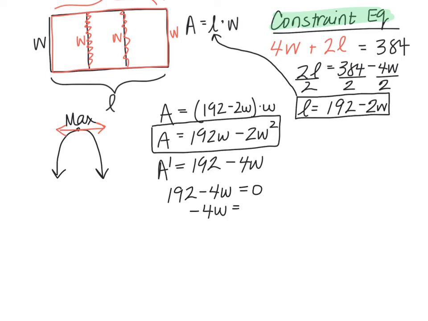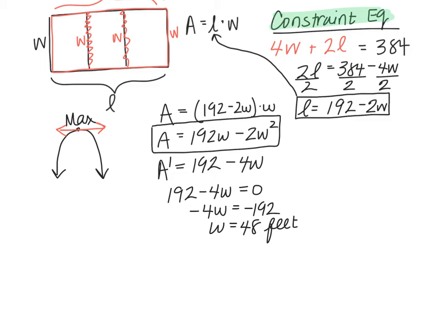So negative 4w equals negative 192. Therefore, w will equal 48. And if you read back the units on the problem, Brody had 384 feet of fencing, so this will be 48 feet.